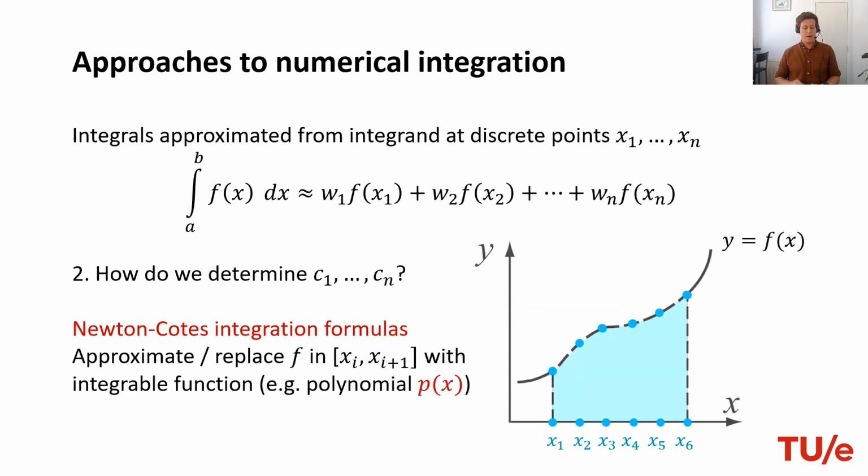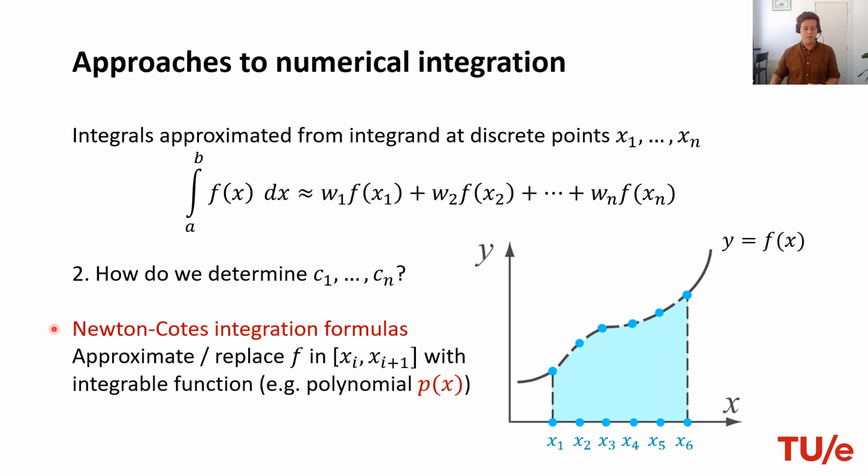A second way of distinguishing these methods is how the weights or the coefficients in this weighted sum are actually computed. And the main approach that we will discuss here, so almost all of the integration methods that we will discuss, fall into the category of Newton-Cotes integration formulas. Now, what do Newton-Cotes methods do?